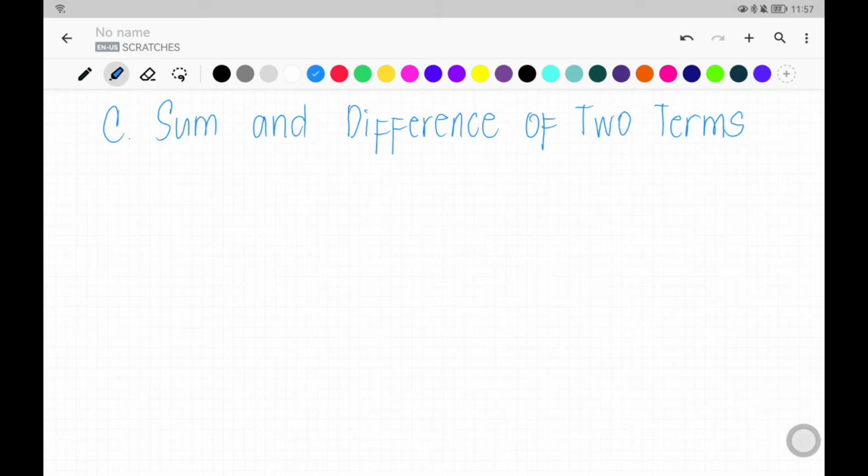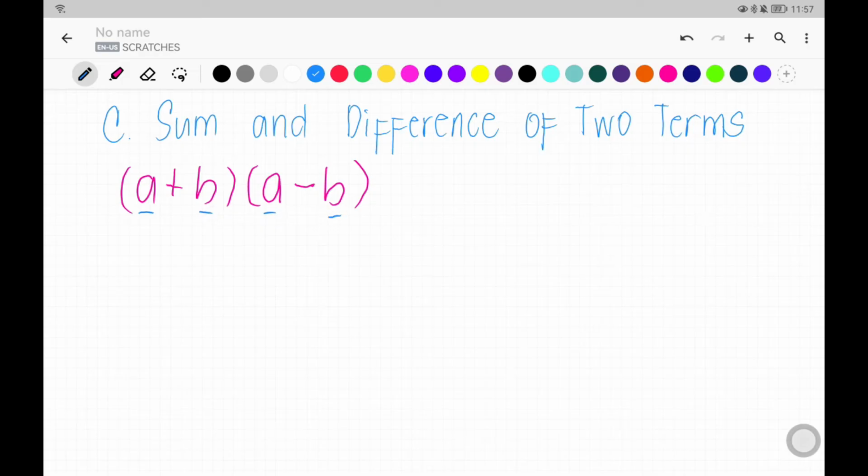Alright, so we follow the pattern. We follow the pattern A plus B times A minus B. So, as you can see, kita nyo naman, it's totally the same.